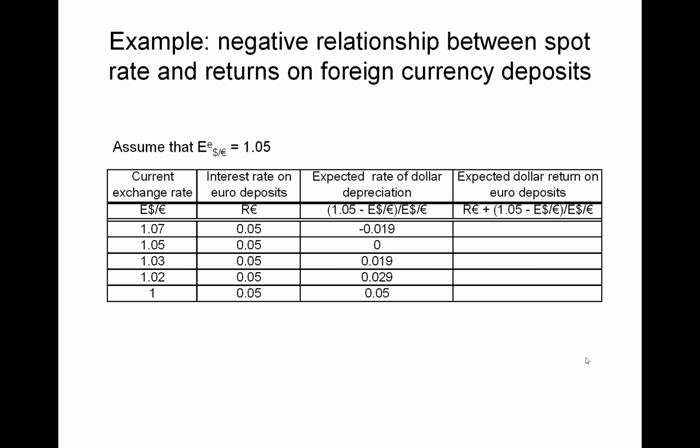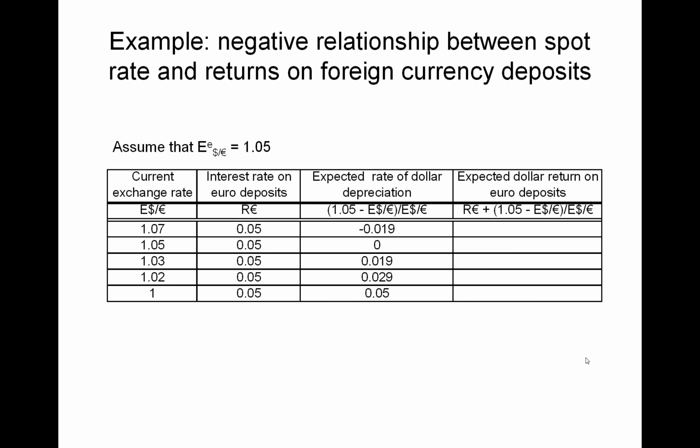Here's an example. I'd like you to take a moment to do these calculations on your own, and it should show you that there's a negative relationship between the spot rate and the returns on foreign currency deposits. So go ahead and pause this recording so that you can solve the expected dollar return on the euro deposits in each of the different cases.